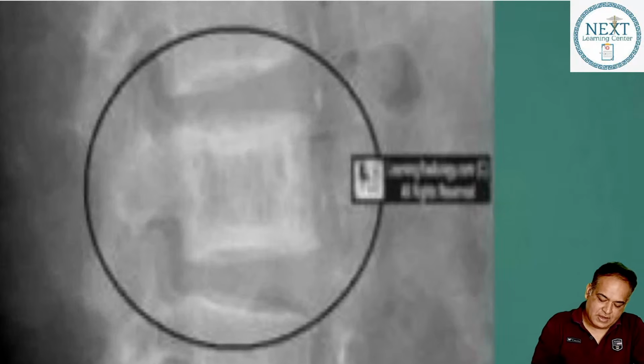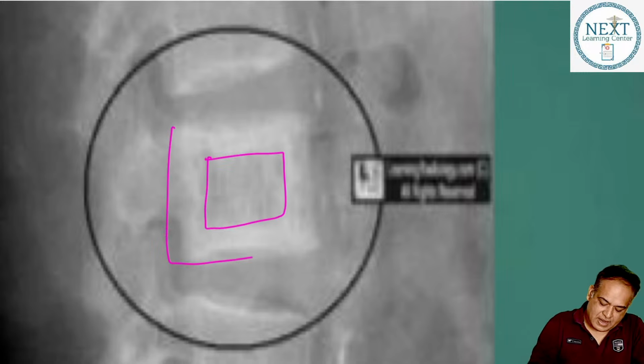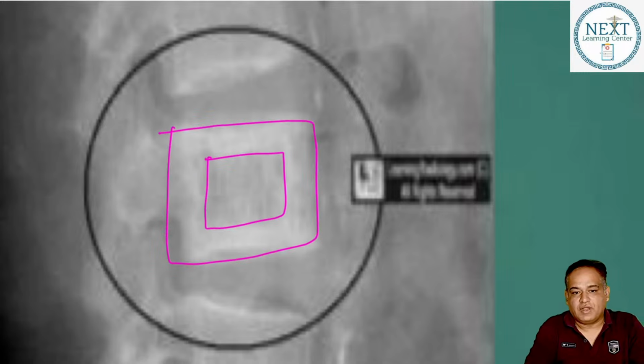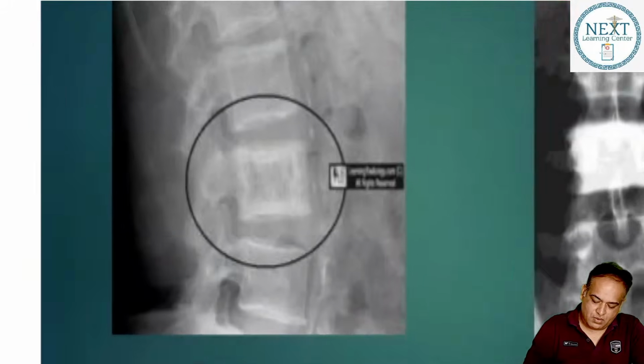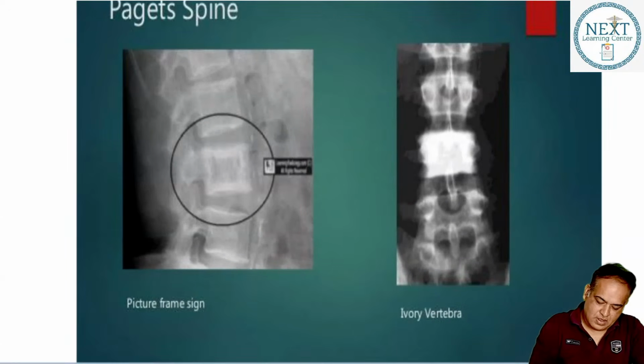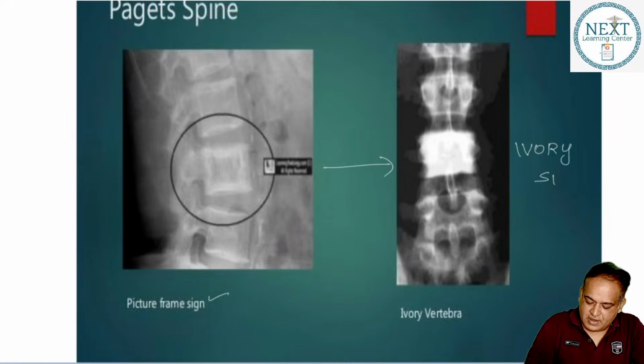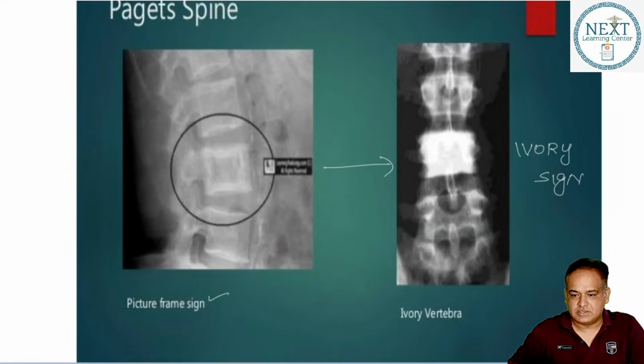So in the spine we get to see something very typical, and that is called as picture frame vertebra. I'll erase it so that you can appreciate the picture. Picture frame sign typically seen in Paget disease. In the later stages, what we get to see, that is called as ivory sign.